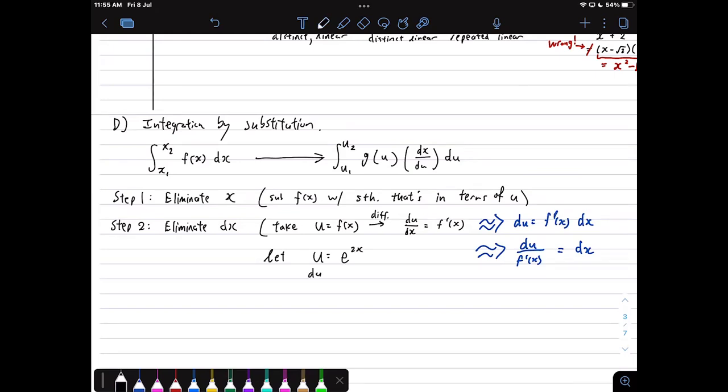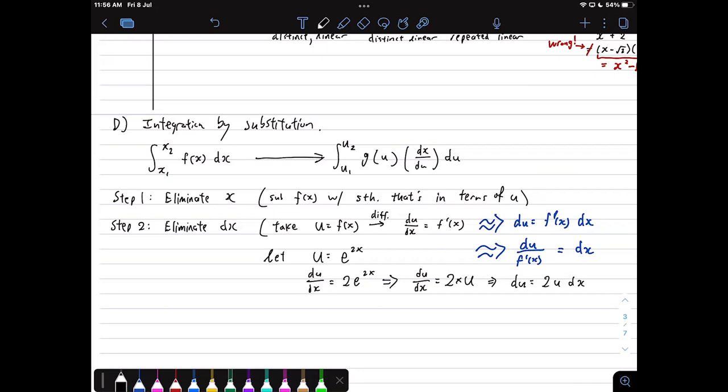Then du by dx is what? 2e power 2x. So that means this is really just du by dx equals 2 times u. You understand that? E power 2x here is the same as the original thing you are trying to integrate, so you can replace it with a u. Then from there, you can get du equals 2u dx.